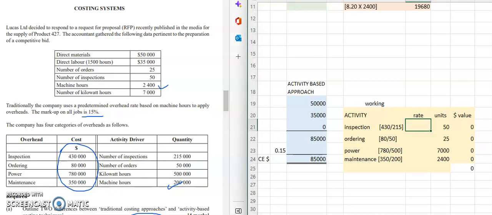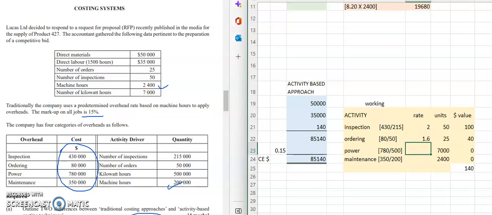All right, so let's find the rate for inspection. So 430 divided by 215 is $2. 80 divided by 50, right? So that is 130 over 50, which is 0.6.